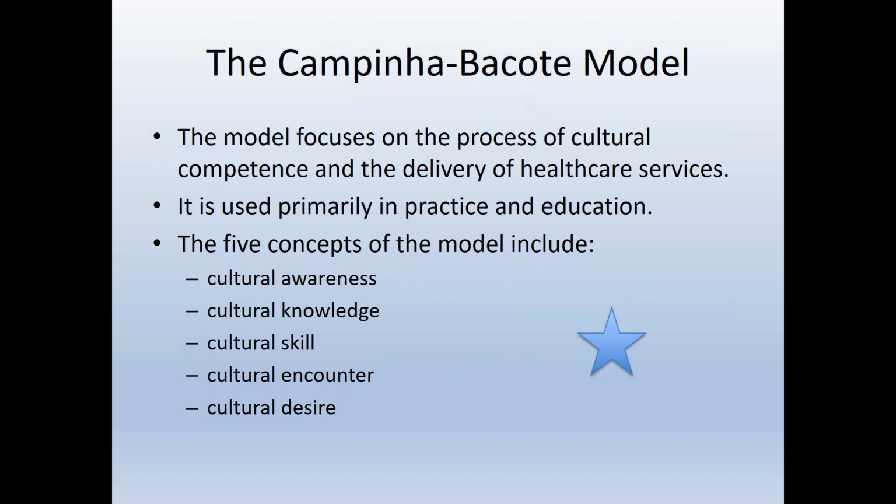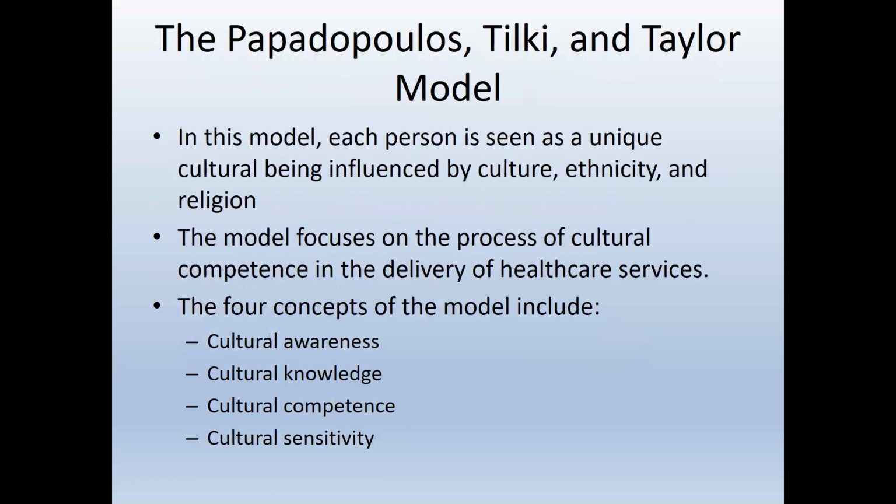It's used quite a bit in undergraduate nursing education, and the models are cultural awareness, which we've discussed, cultural knowledge, cultural skill, cultural encounter, and cultural desire. And all of these have defining characteristics, and in education, they have strategies in order to help the RN as they practice cultural sensitivity in their nursing practice.